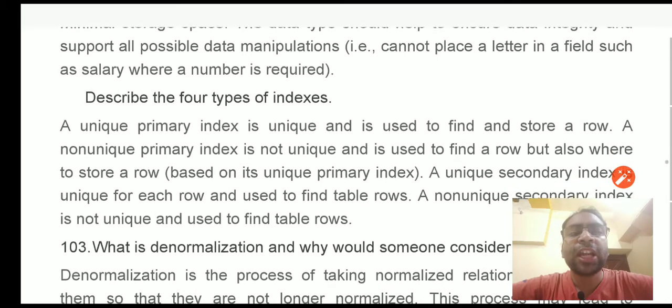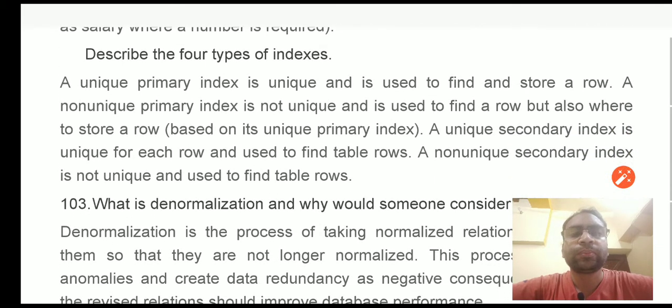Describe the four types of indexes. We have already talked about indexes, when they are required, and what the requisite of the indexes is. A unique primary index is unique and is used to find and store a row. A non-unique primary index is not unique and is used to find a row, but also where to store a row based on its primary index.